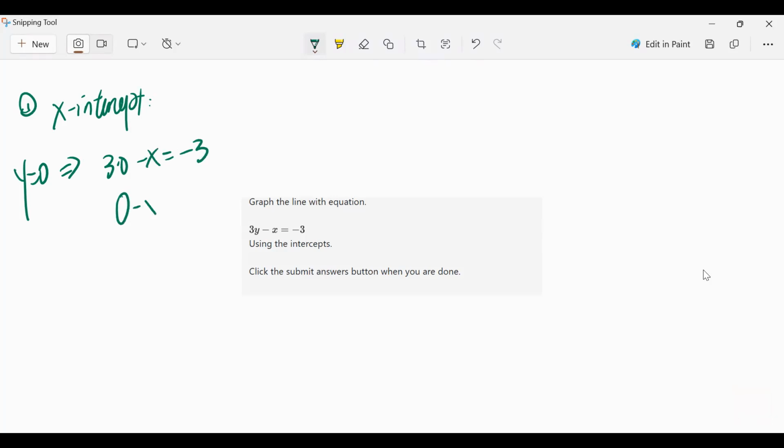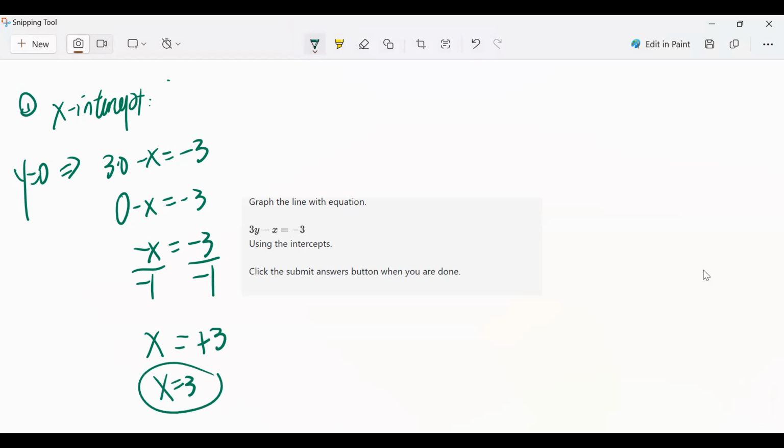So this is 0 minus x equals negative 3, so negative x equals negative 3. Now we can divide both sides of the equation by negative 1. Two negatives make a positive, x over 1 is x, and negative 3 over negative 1 is 3. The x-intercept will be (3, 0).